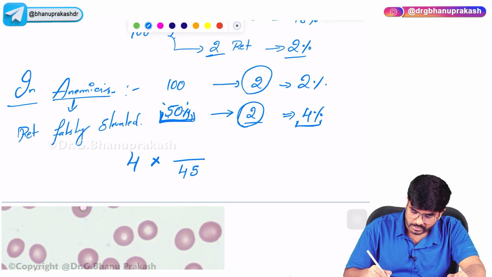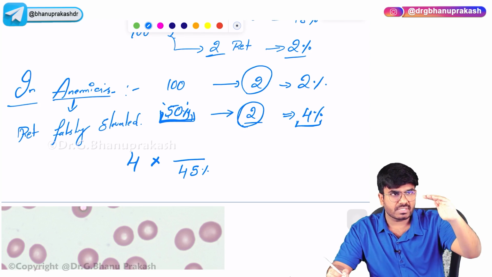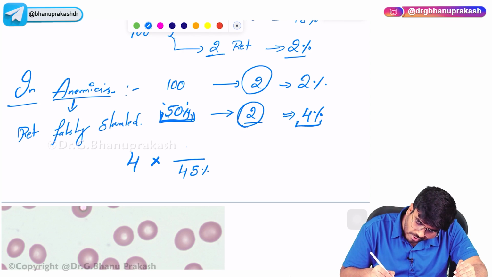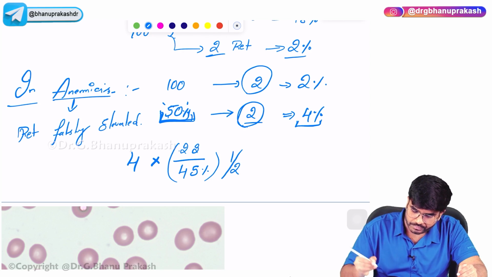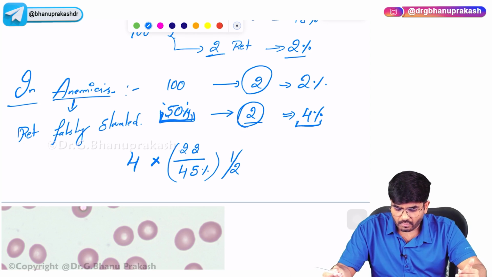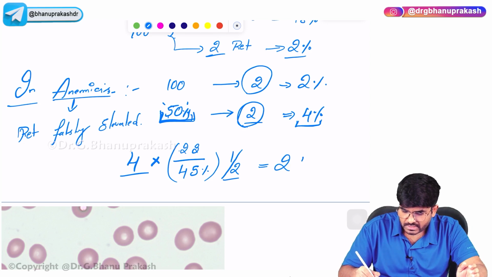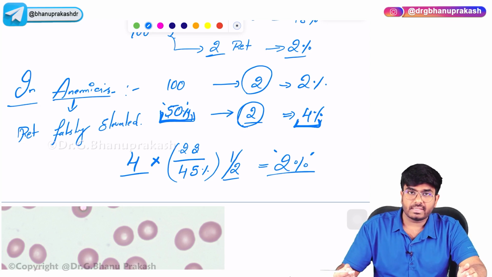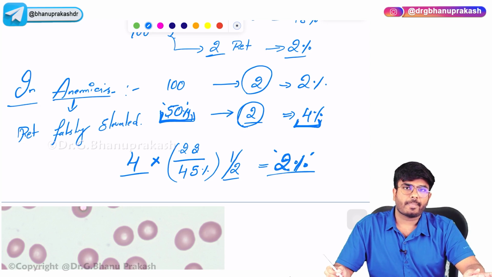The person's hematocrit, since the RBCs came to half, also comes to about half, for example 23. So 23 divided by 45 is almost half. So 4 into half is equal to 2%. This is the corrected reticulocyte count. It's not 4% in the person; the corrected reticulocyte count is 2% only.